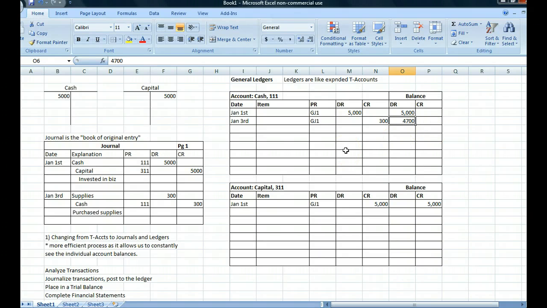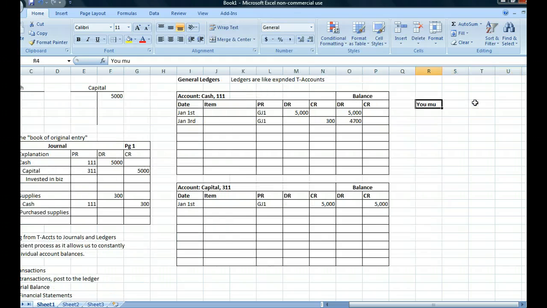Just like with T-accounts, any account that they give you in the homework, you must have a T-account for. Other things as well, if they tell you individual revenues or individual expenses, you must have a ledger for each account.